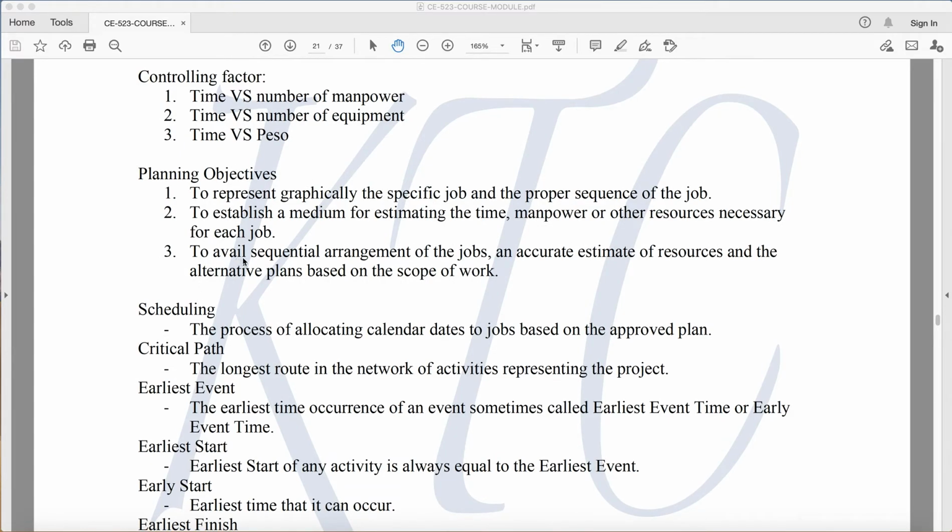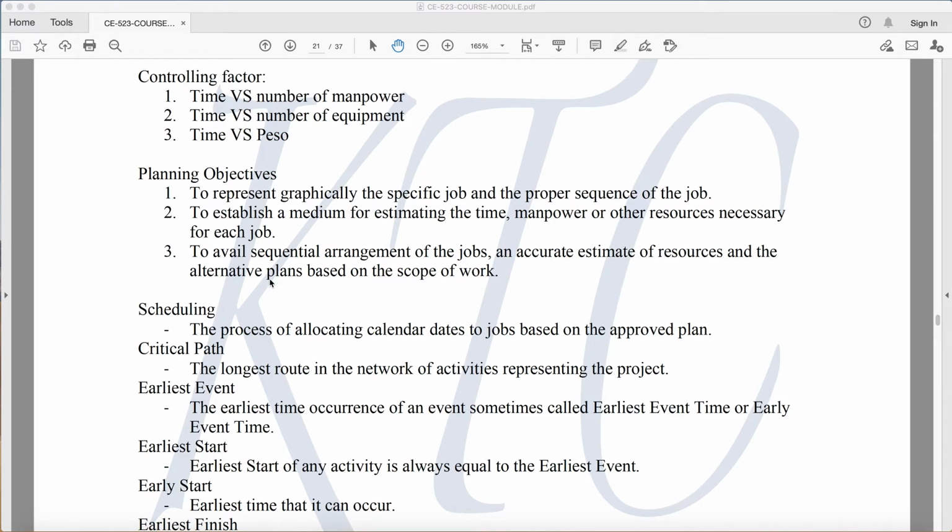Number three, to avail sequential arrangement of the jobs, an accurate estimate of resources and the alternative plans based on the scope of work. So yun, binibigyan niya tayo ng direction on how things will go if there are things that are anticipated that would cause delay.